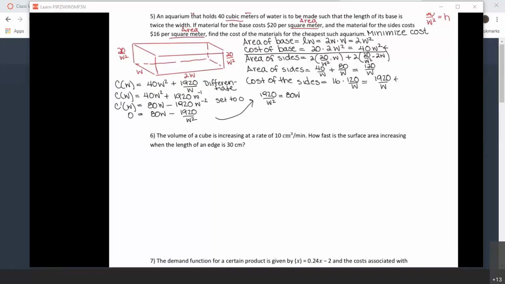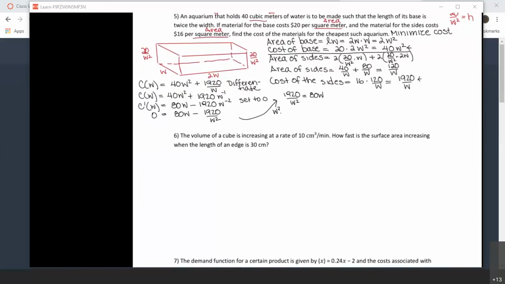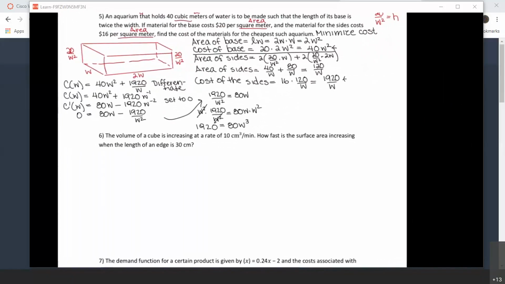Well, it's dividing 1920. So how do you get rid of the divide, folks? Yes. Okay, so W squared times 1920 over W squared equals 80W times W squared. And like magic, we get rid of that. 1920 equals 80W cubed.